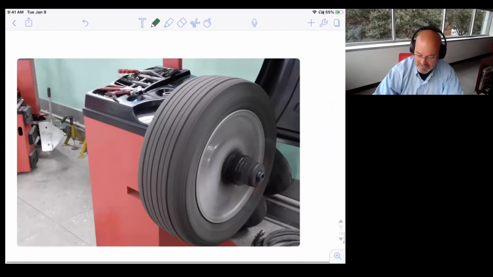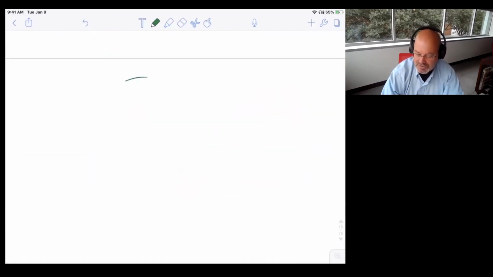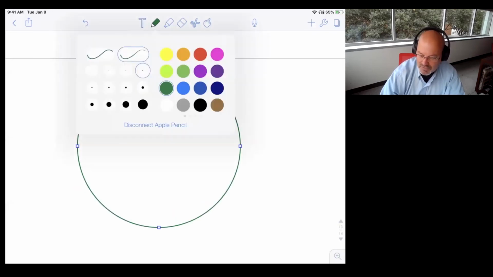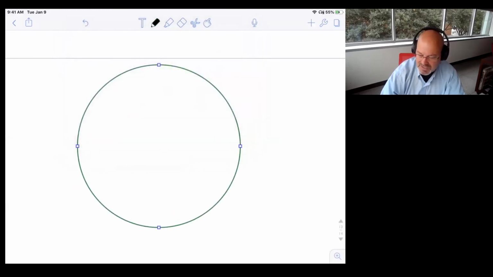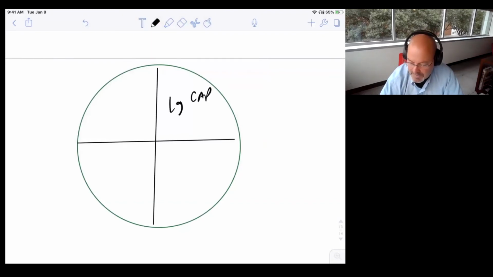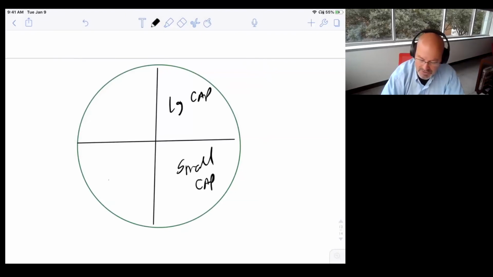So if I drew a picture of a portfolio, let's just say this is your portfolio. And inside your portfolio, you have, let's just say, 4 quadrants. And we'll say large cap, small cap, international, and bonds.